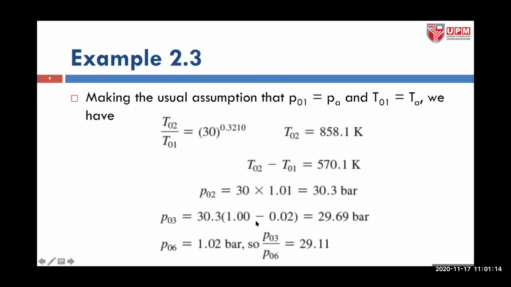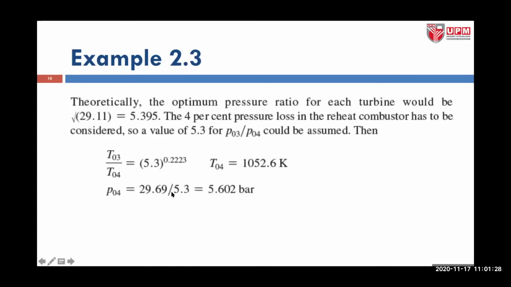You will later get the value of pressure at station 2, 30.3 bar, and station 3, 29.69 bar, by inserting the values, and finally station 6, 1.02 bar, and you have a pressure ratio of PO3 over PO6 of 29.11, right? Theoretically, the optimum pressure ratio for each turbine would be equal to 5.395.